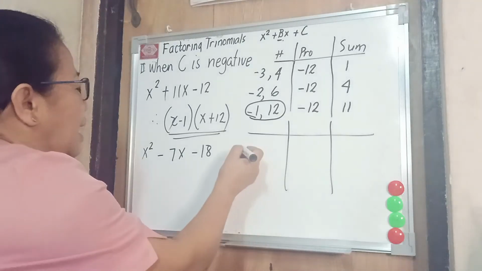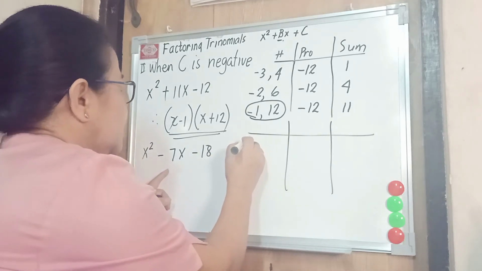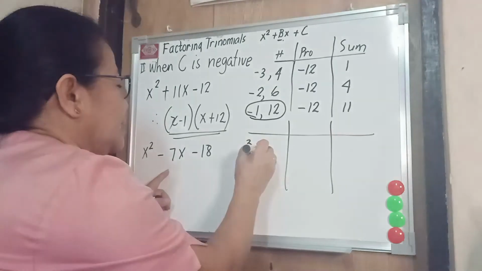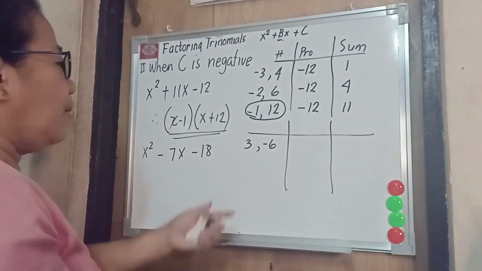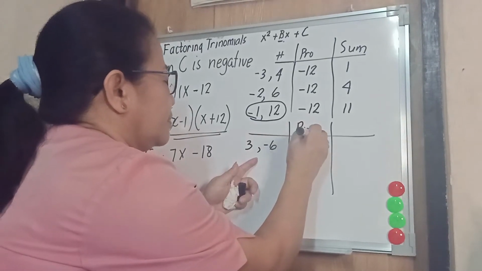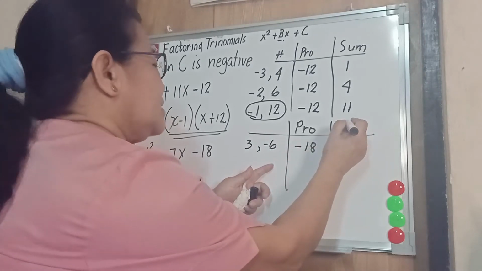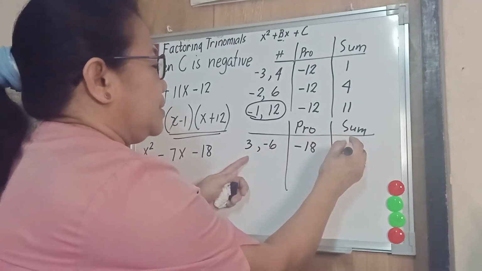So, let us have positive 3 and negative 6. Now, what is the product of this? It is negative 18. What is the sum of the two? It is negative 3.